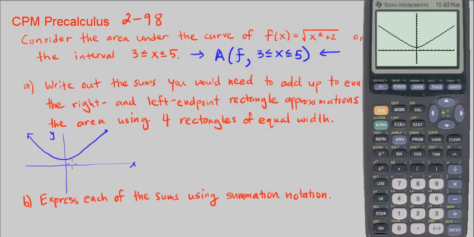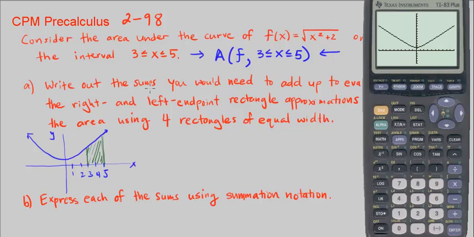So here's 1, 2, 3, 4, 5. I'm looking specifically between x is 3, this point, and x is 5, over here. We're looking for the area in this region between 3 and 5.